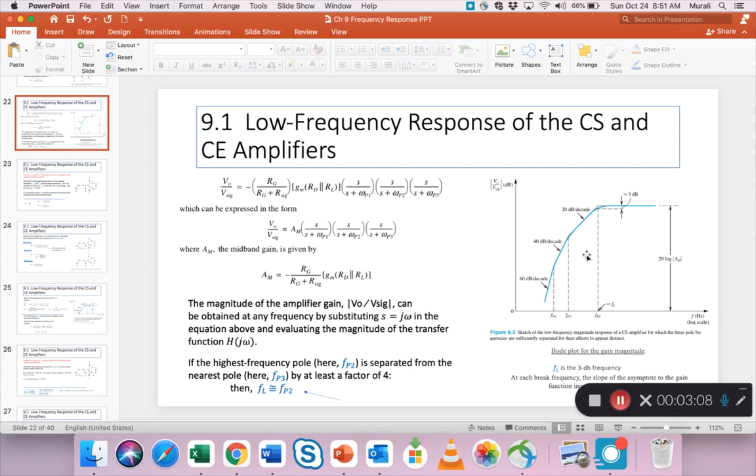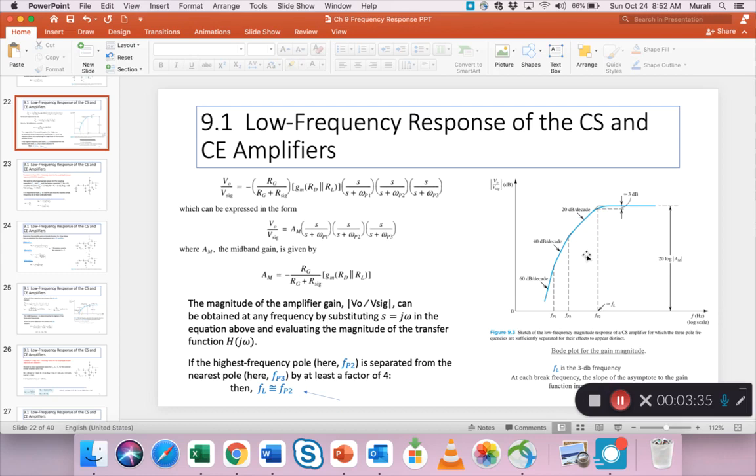If you're designing an audio amplifier, we know audio amplifiers go from 20 hertz to 20,000 hertz, right? That's the audible frequency range, the frequencies the human ear can catch. So the lower end is 20 hertz, the upper end is 20,000.